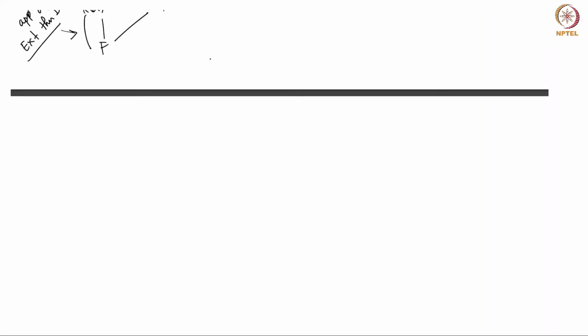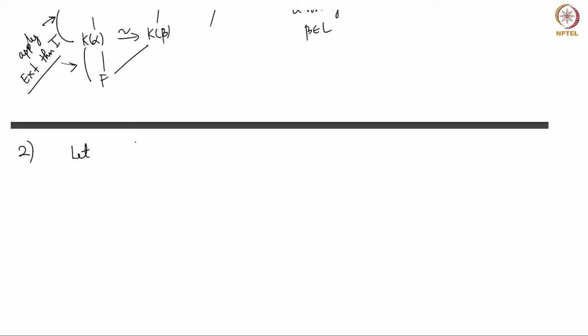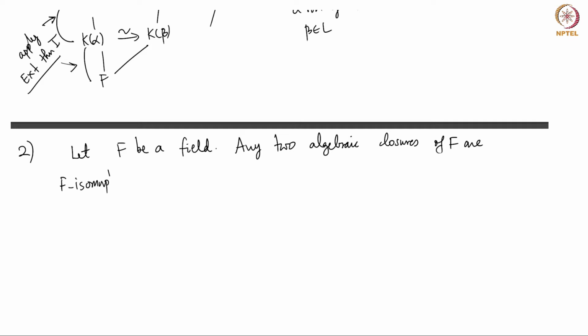Okay, so now let me do the second problem that I gave last time, which is also an immediate consequence of the extension theorem. Let F be any field. Any two algebraic closures of F are F-isomorphic.